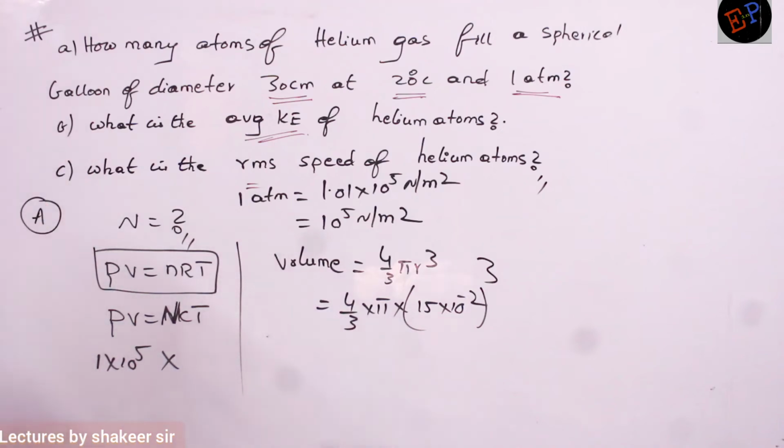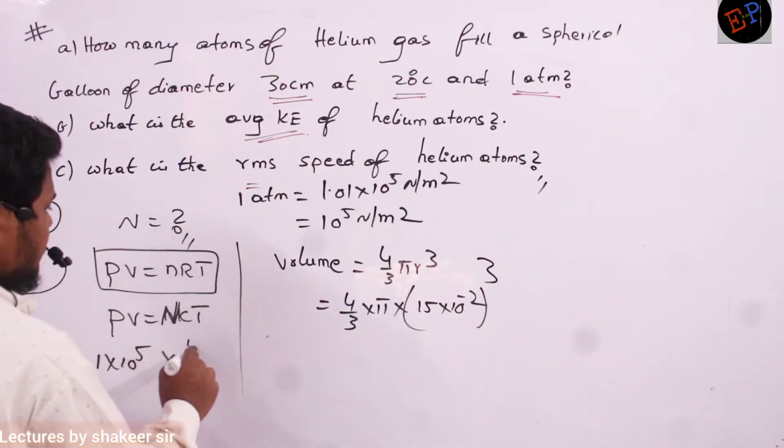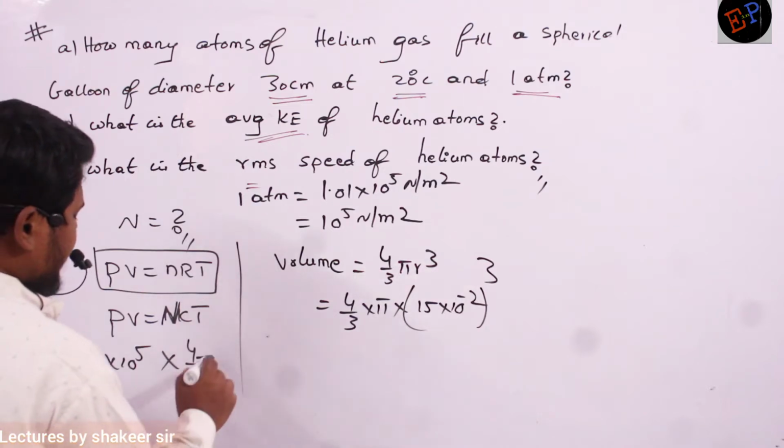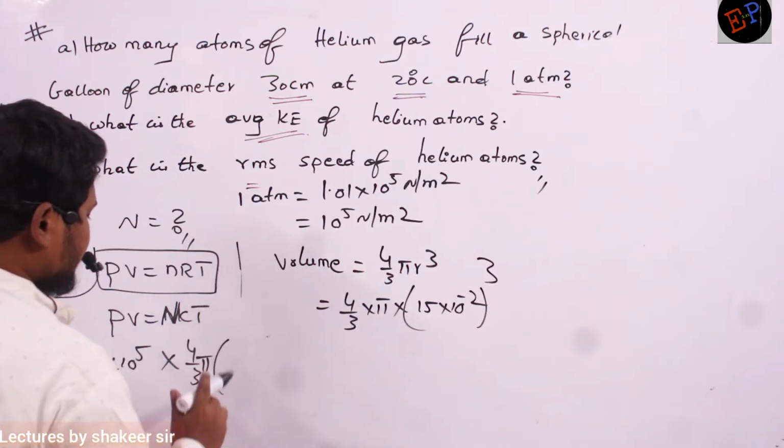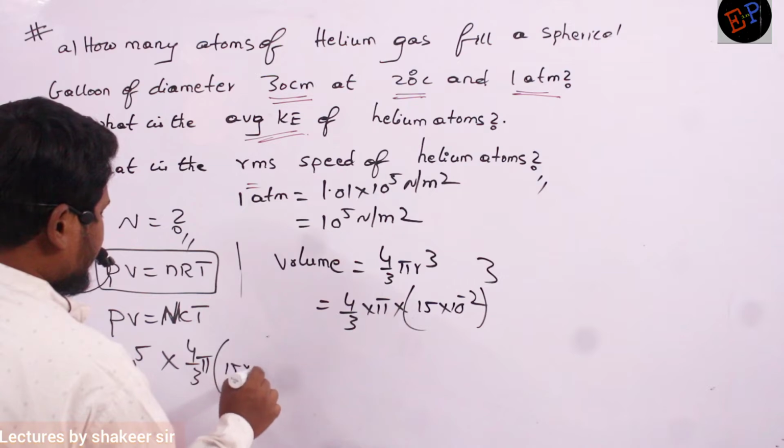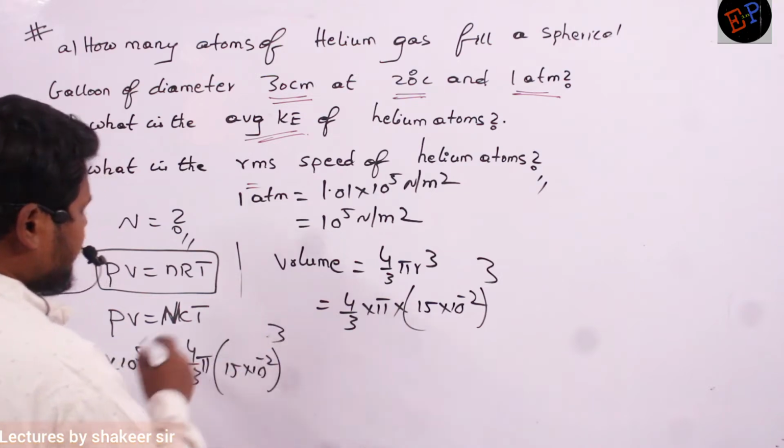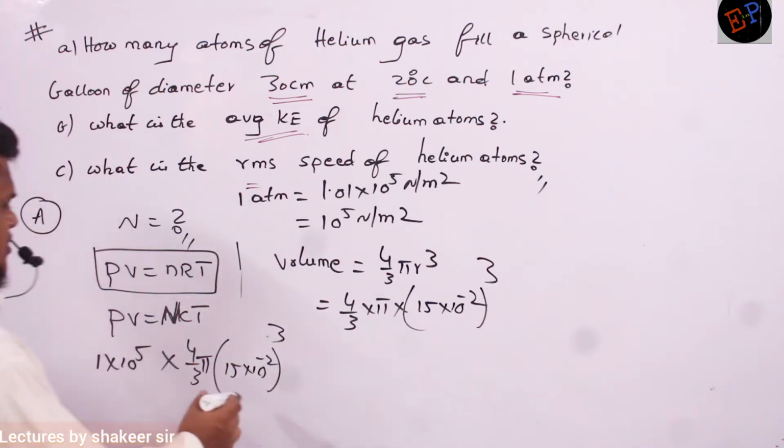So this is the volume of this container. So substitute the volume here: 4 by 3 pi r cube, with 15 into 10 power minus 2 whole cube.